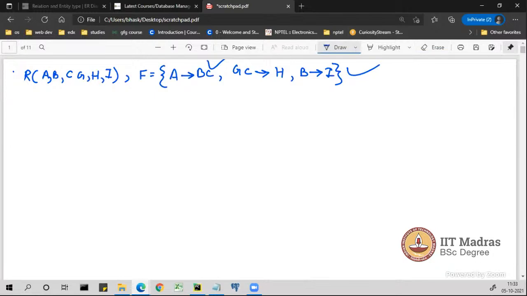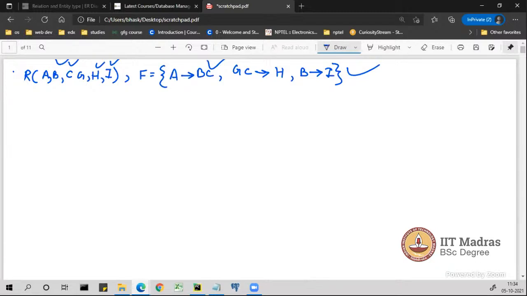So what will be the candidate key in this relation? Okay, let us check. B, C, H and I are there on the right hand side. A and G, these two attributes are not on the right hand side. So therefore, in any possible closure set, you will not get A and G if you do not have A and G on the left hand side itself. Got the point?